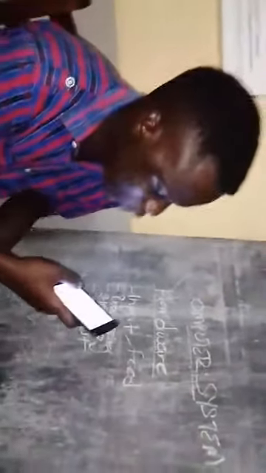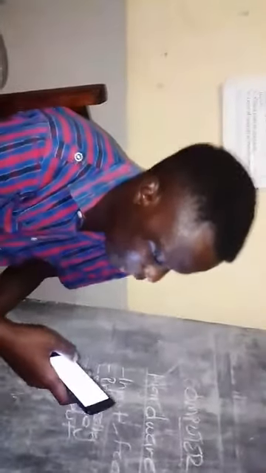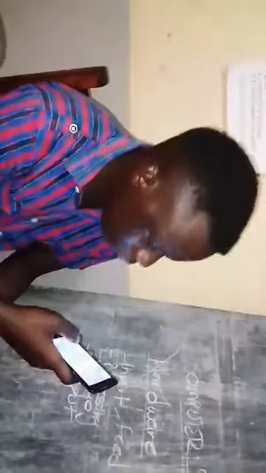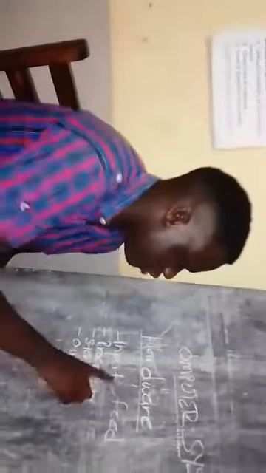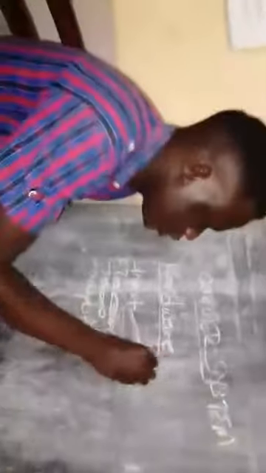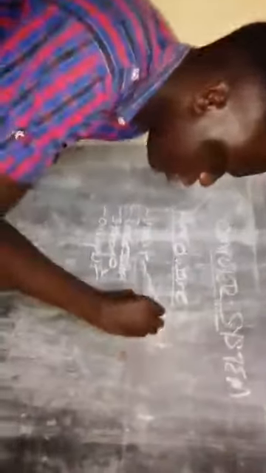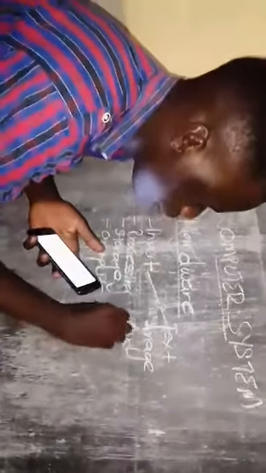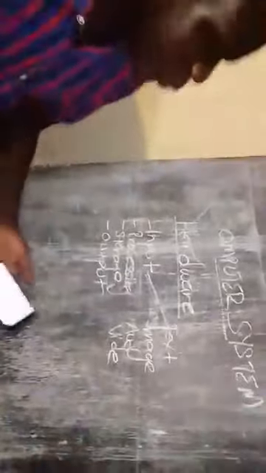Under input hardware devices, we must appreciate that they are further divided into other classes: text input, the one that enters text; image, the one that enters image; and the ones that do audio and video. Those are all under input hardware.